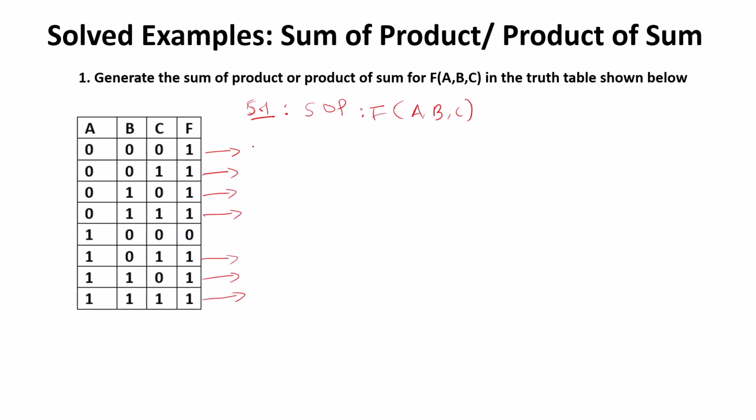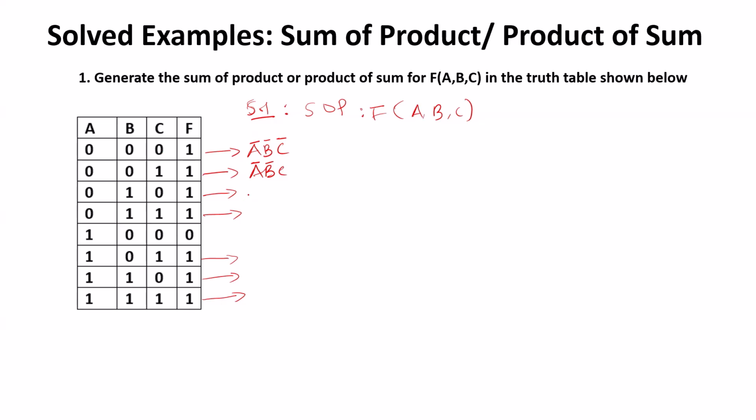In this case, we have A, B, C. Because A is 0, B is 0, and C is 0, they carry bars: A bar, B bar, C bar. The next one, A, B, C also: because A is 0, we have A bar, B is 0, we have B bar, but C is 1, so it remains.